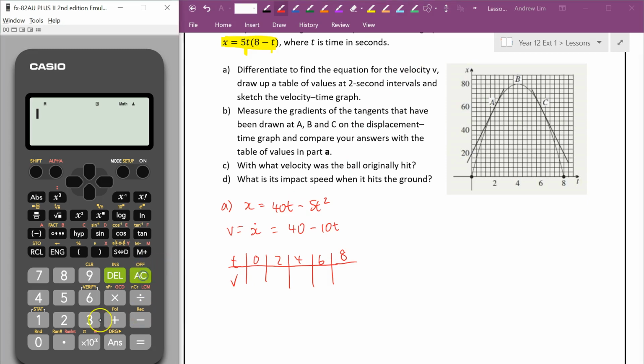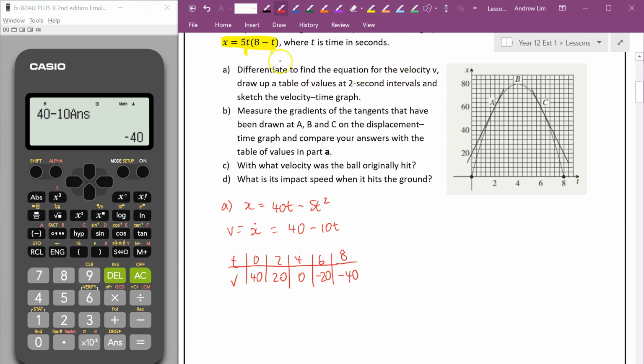Let's input this into a calculator. Velocity is 40 minus 10t. So 40, 20, 0, minus 20, minus 40.